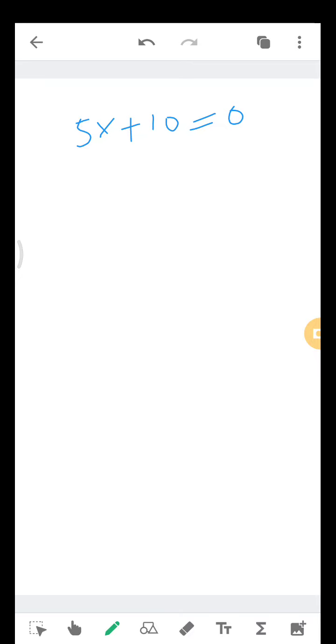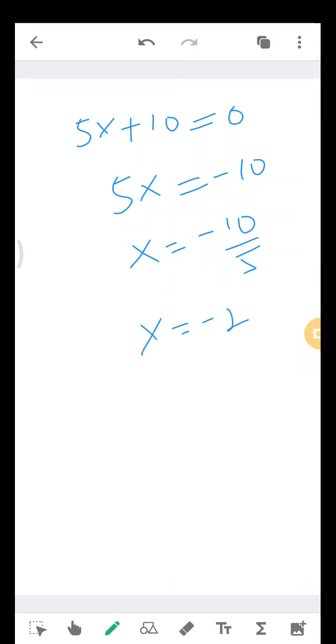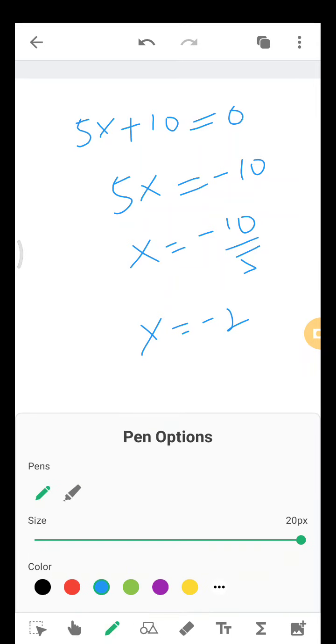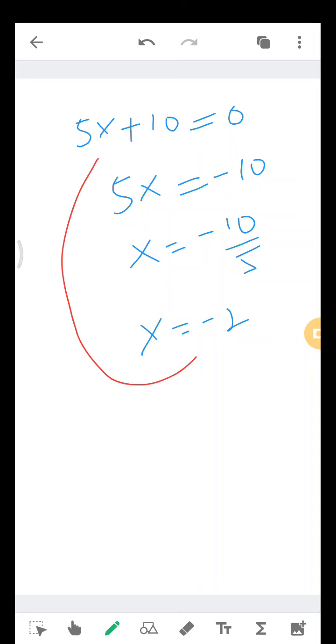So what will be the value of x? 5x is equal to minus 10, and x is equal to minus 10 by 5, that is x is equal to minus 2. So this minus 2 is called the solution of this linear equation. So a linear equation in one variable has only one solution.